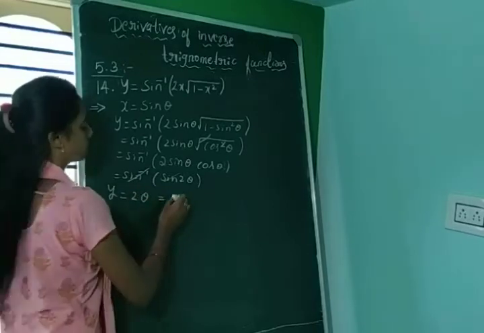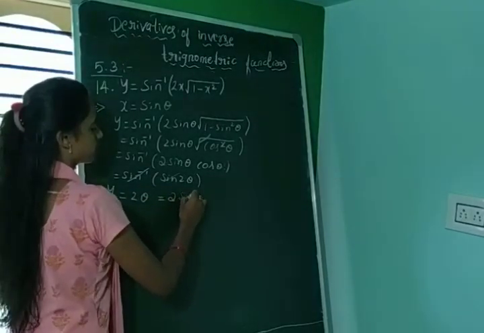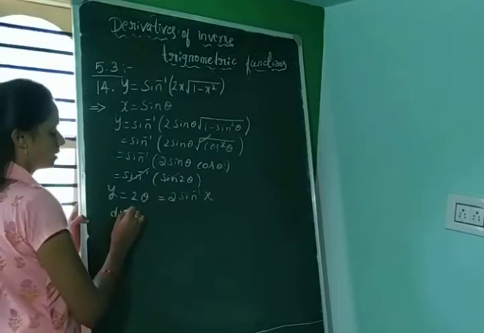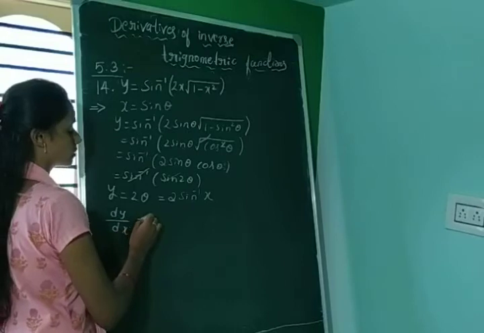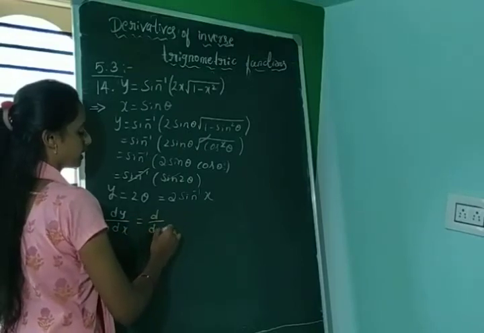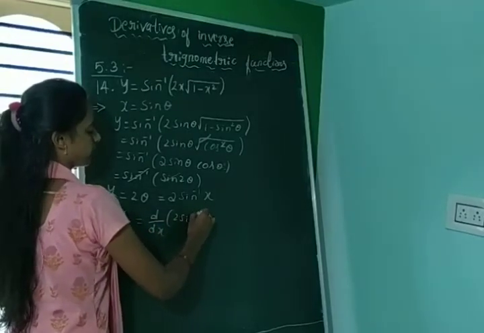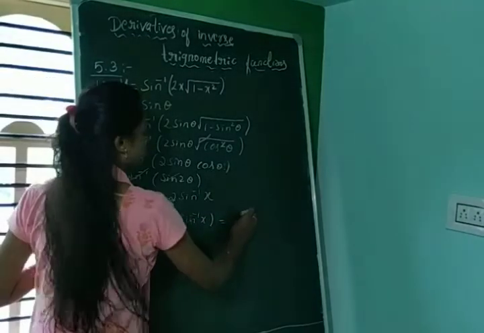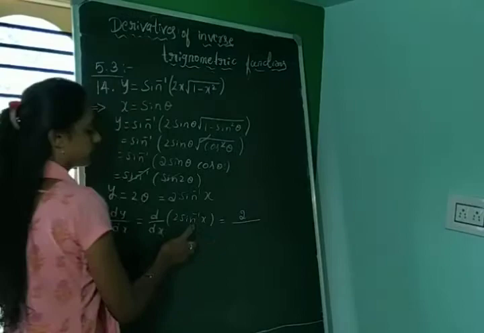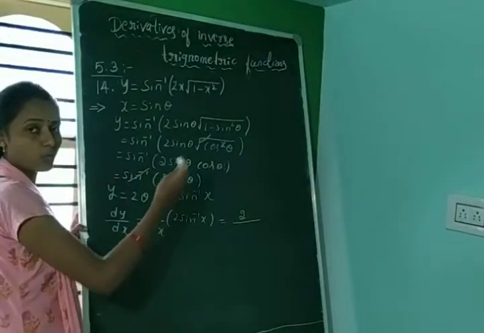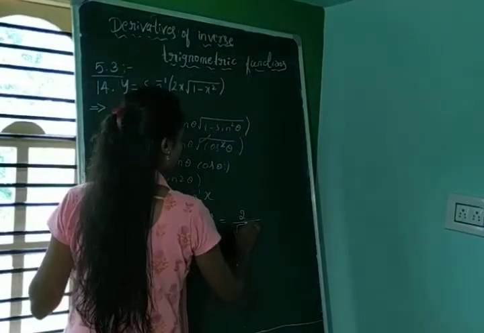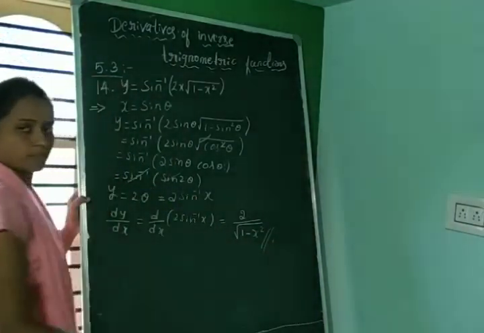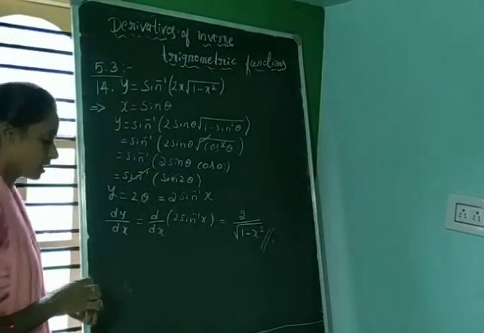Or you can write 2 into theta, where theta is sin inverse of x. Therefore, dy by dx is equal to d by dx of 2 sin inverse of x. And the derivative of this is 2 divided by square root of 1 minus x squared. Clear?